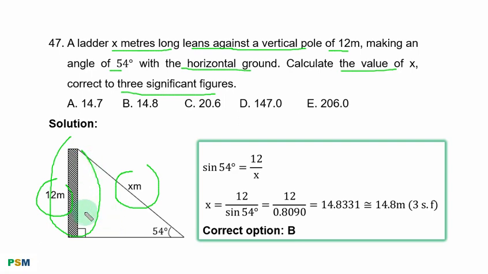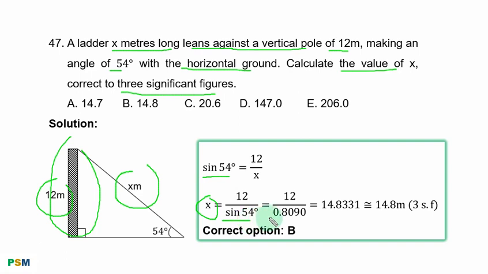What you have here is a right angled triangle where this side is opposite, hypotenuse, adjacent. So we have sine 54 degrees equal to opposite 12 over hypotenuse S. If you make S the subject, you have this result.